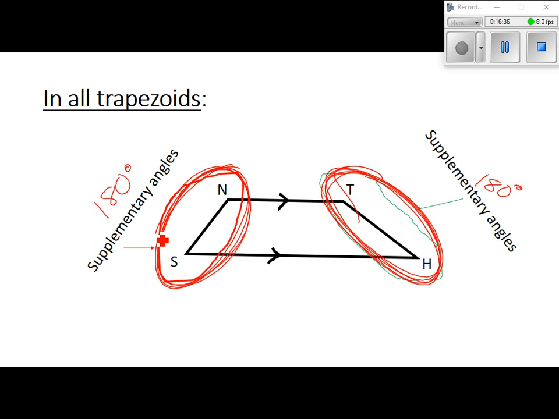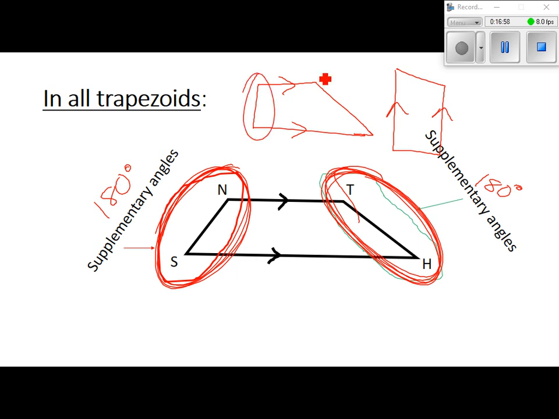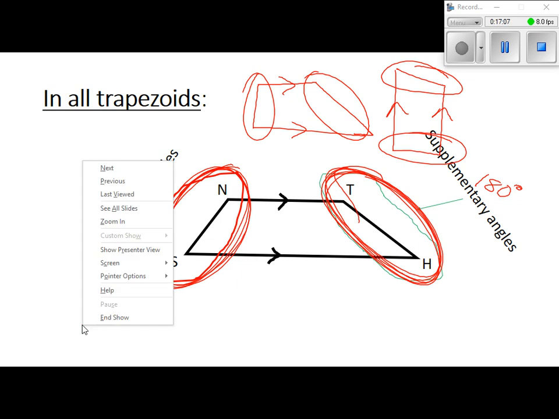Trapezoids could look like the ones that I've been drawing here. Trapezoid could look like this. As long as these two sides are parallel, trapezoid could look like this. These two sides are parallel, so on, so on, so on. There's all kinds of different looking trapezoids. Two sides are parallel, and if this is the case, then these two angles got to add up to 180. These two have to add up to 180. On this one, these two add up to 180. These two add up to 180, or supplementary to each other.